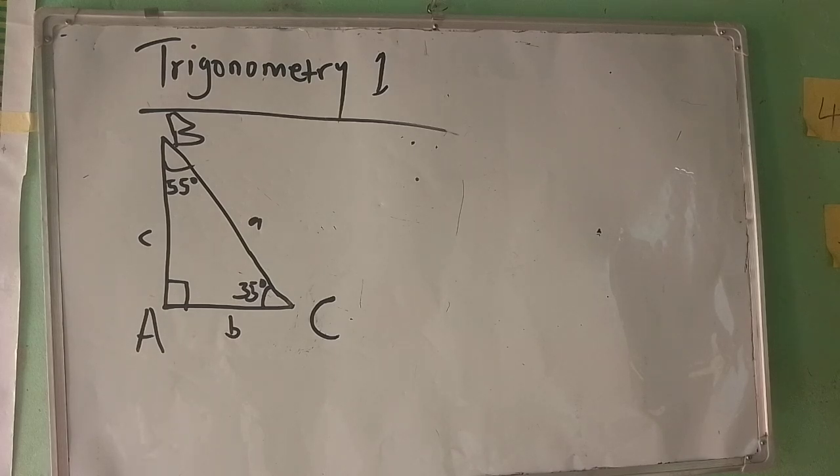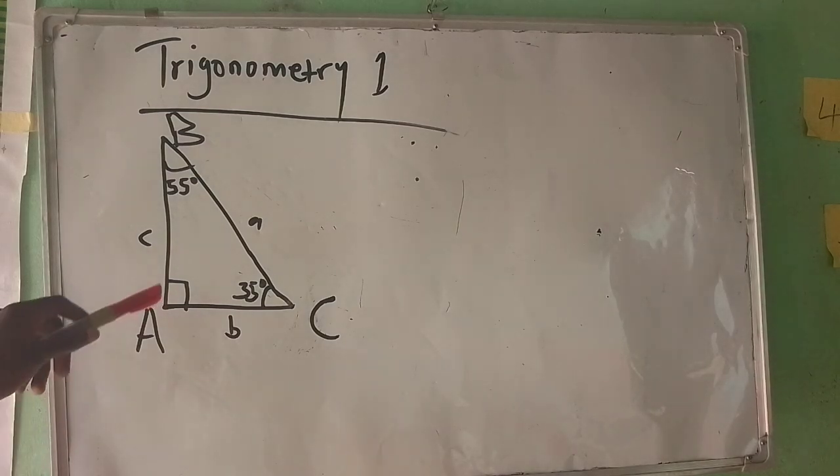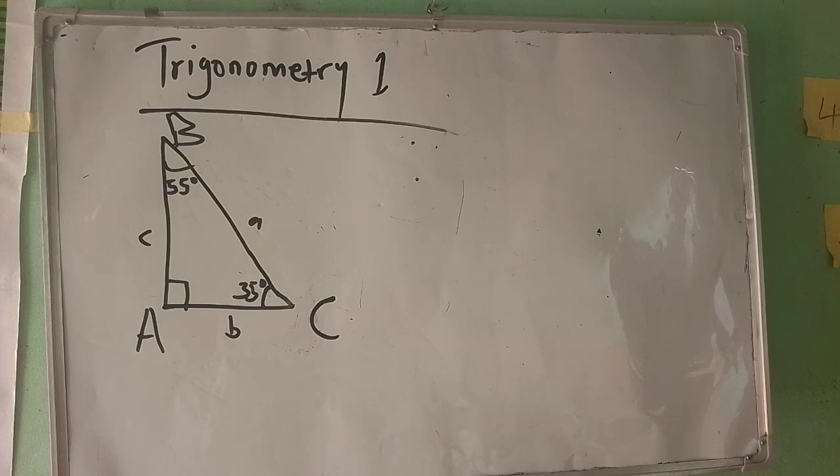So briefly, I want to explain the form of right angle triangle. We need to understand the form of right angle triangles. As you can see, in a right angle triangle, this sign is a sign of 90 degree, and that is what makes it a right angle triangle.